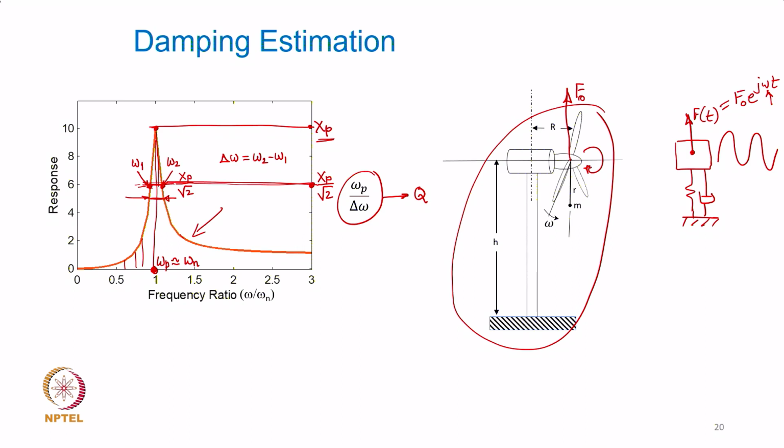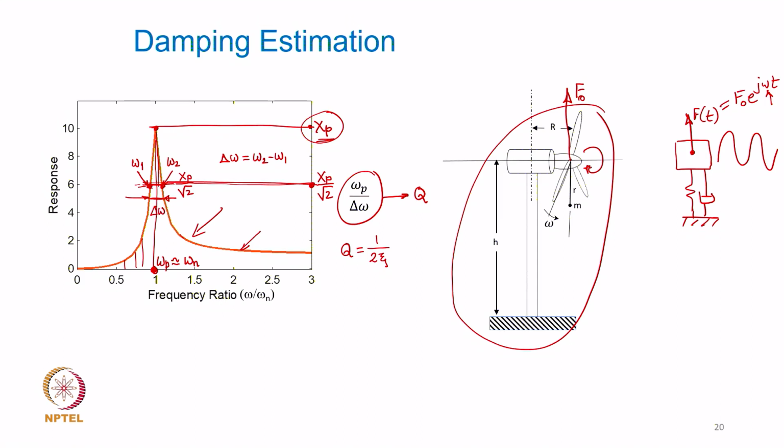Now, you remember from the previous slide what the expression for the quality factor was? It was 1 over 2 zeta, right, clear. So, if I get this practical vibratory system excited by operating it at different speeds, and somehow get this response curve plotted, with that I can get x p, and I can get this delta omega, the frequency bandwidth.